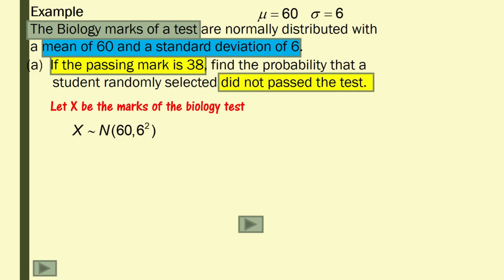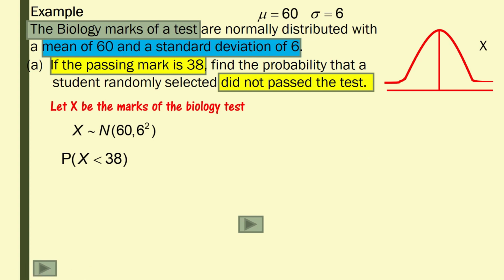So we can write as P(X < 38) and draw a picture for this question. This is an X distribution with mean 60 and standard deviation 6, and we can draw 38 and sketch the area that X is less than 38, and then we change to standard normal distribution.